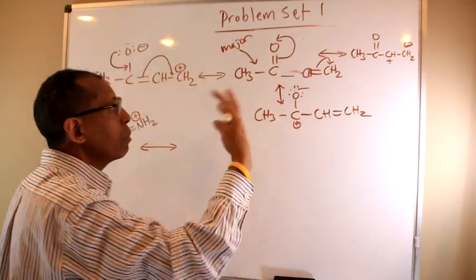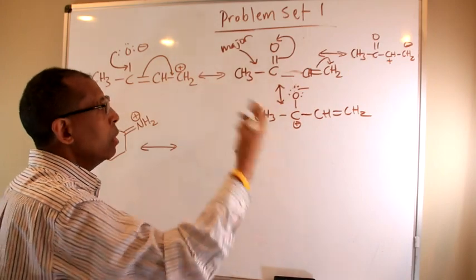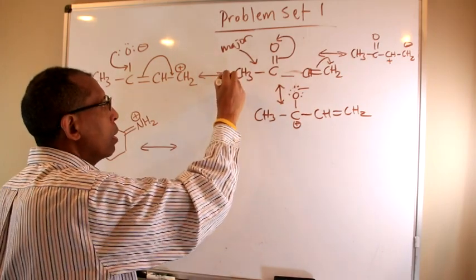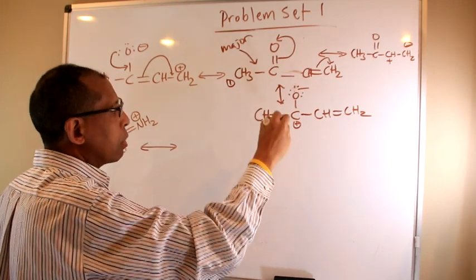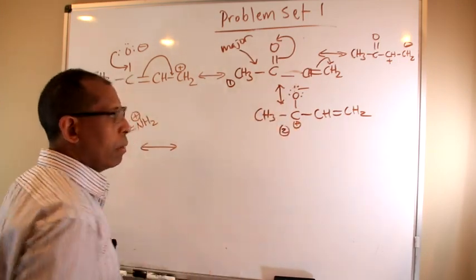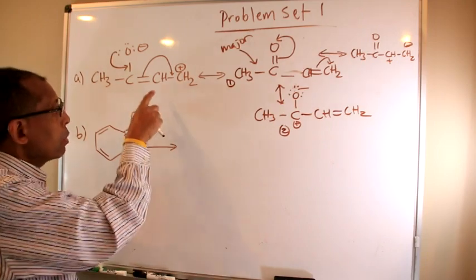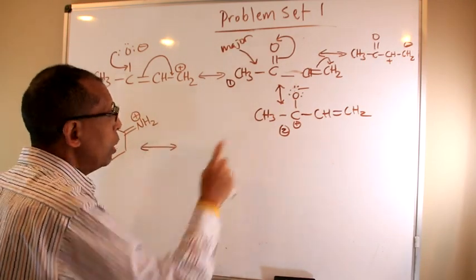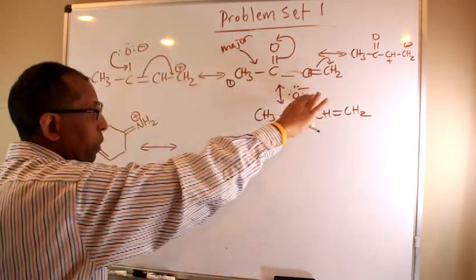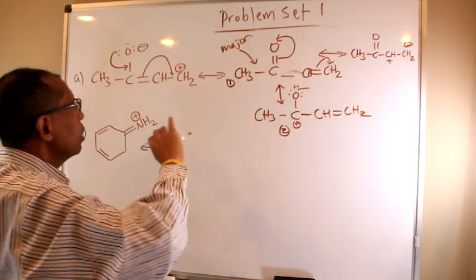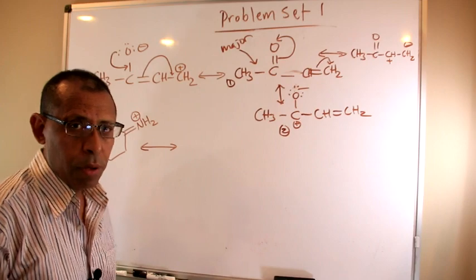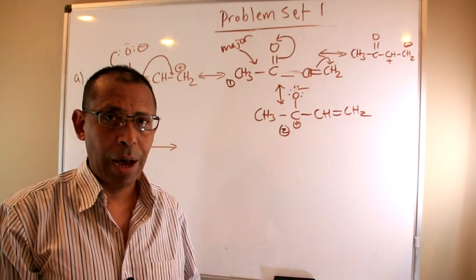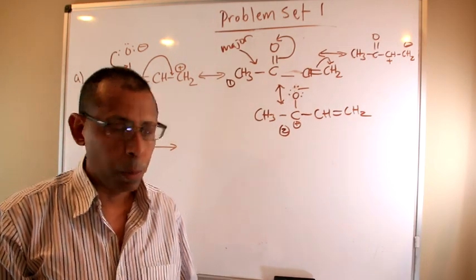So in terms of assigning major 1, major contributor, the next contributor 2, this is how I assign, because if you compare with 2, the negative charge is fine, it is on oxygen. A resonance structure that puts a negative charge on a more electronegative atom is preferable.